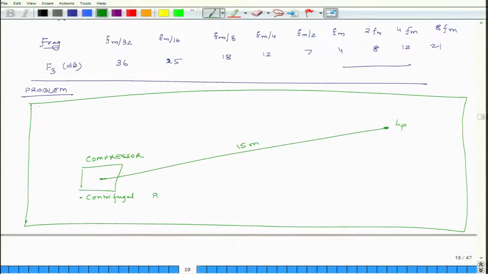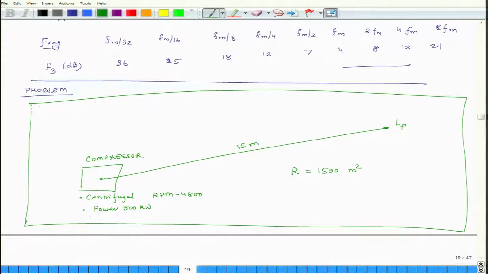Then it runs at 4800 RPM. It consumes 500 kilowatts of power. The room constant for this room is 1500 square meters.